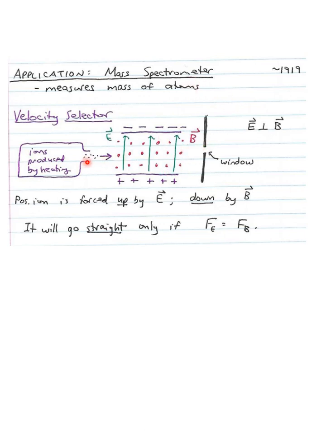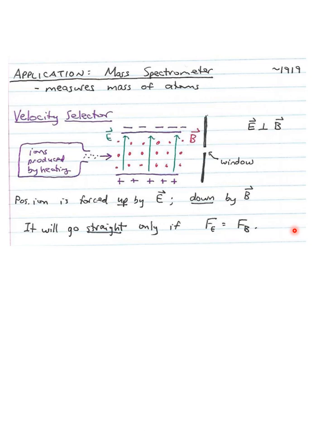Now, when a positive ion gets introduced into there, it's going fast from left to right. It's forced upward by the electric field, but if you use your new right-hand rule, it's forced downward by the magnetic field. It will go straight only if there's a perfect balance between the electric field and the magnetic field. I'll get to the math on that on the next page.